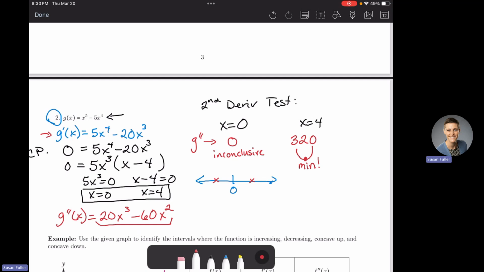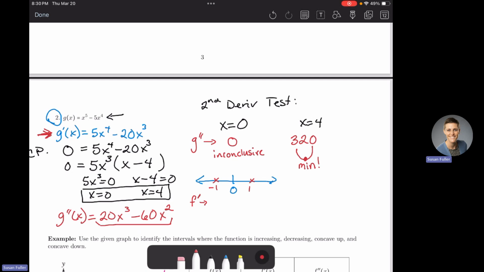So you're going to pick your favorite x values on either side, and you're going to plug them into your first derivative to find the slopes on either side. So first derivative is up here. So I'm going to make my calculator put these in. So I'm going to just store it into A and do 5a to the fourth minus 20a to the third.